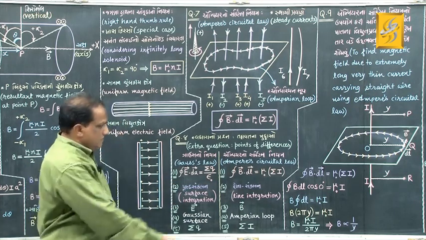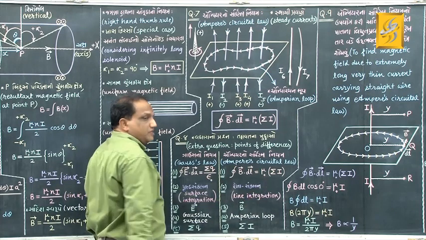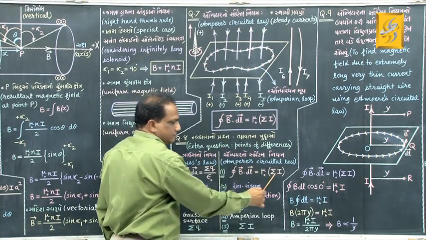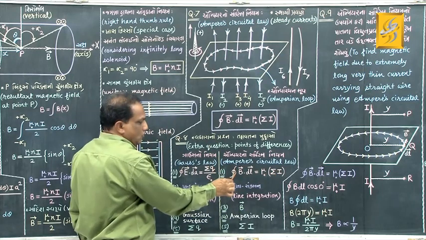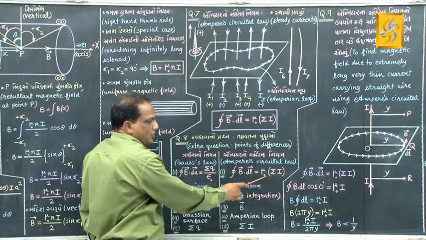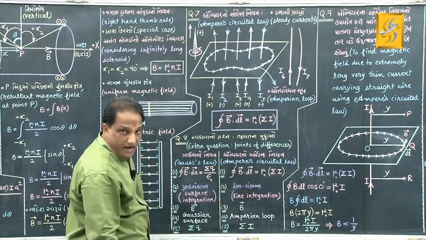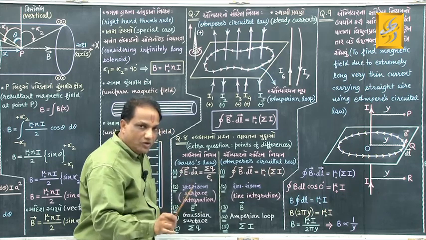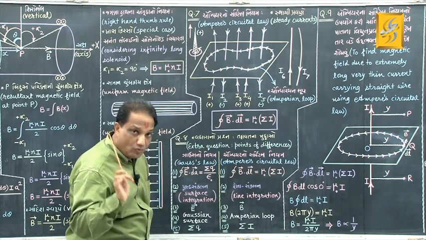Correct? What is the mathematical form of Ampère circuital law? Just now we have seen, same format I have written here, no change. Closed line integration of magnetic field is equal to the product of permeability of vacuum and the algebraic summation of electric currents enclosed by the considered Ampérian loop. Correct?